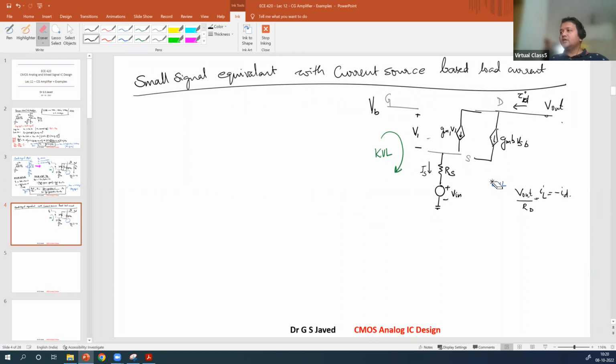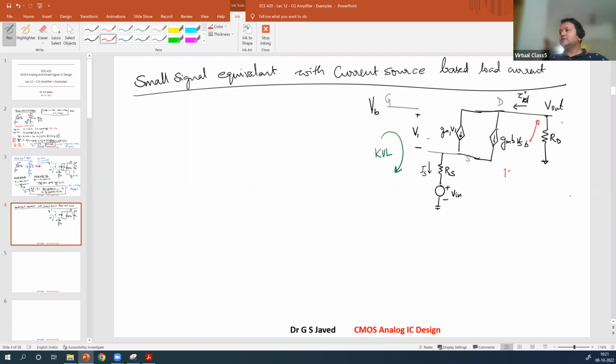In this case here, KVL is not needed. This KVL will exist as it is. What does this become now? In this case, you will apply only KCL here.